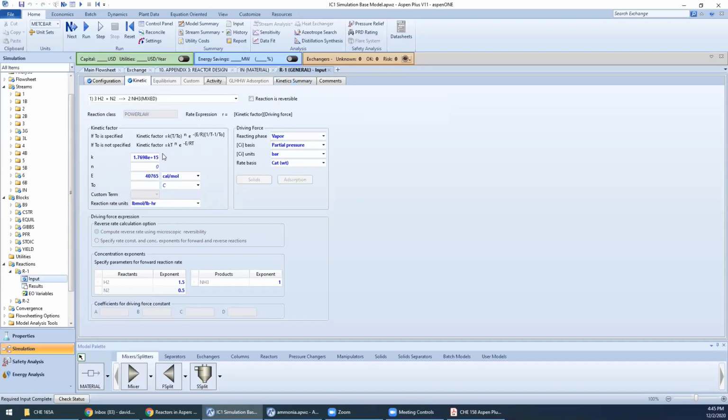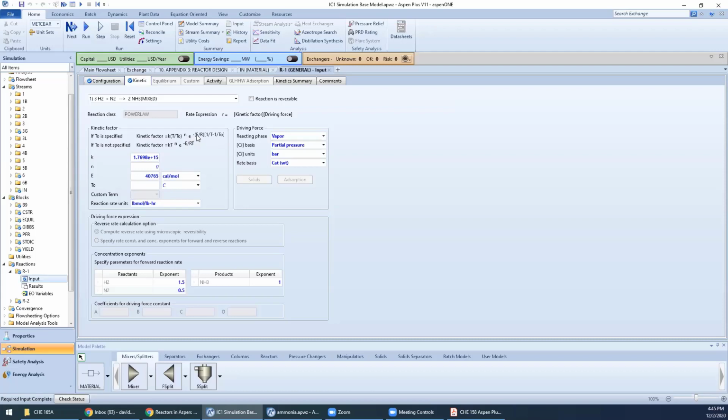But no matter what form you find kinetics in, this is how Aspen will treat it. So if T naught is specified, then it will use this kinetic factor. So K, your rate constant, is here. I guess it's actually the pre-exponential constant.